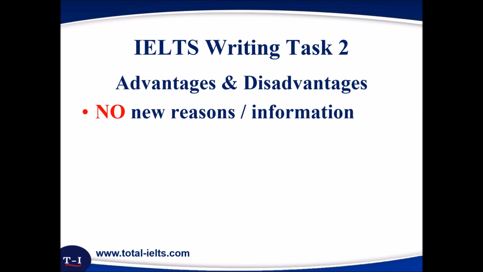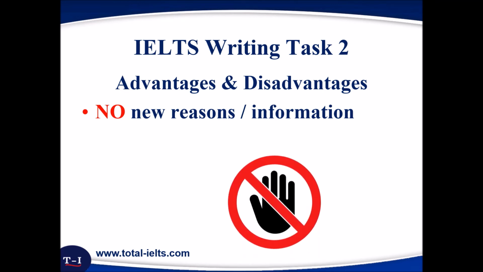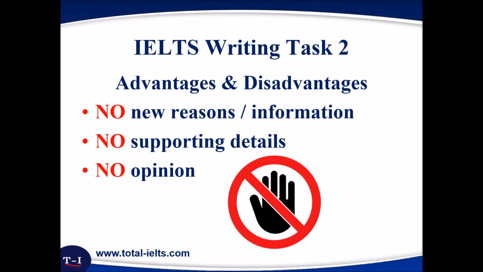In your conclusion, don't give any new reasons or information, no new advantages or disadvantages. Also, do not include supporting details from your previous body paragraphs. And as I said before, no opinion or position needed.